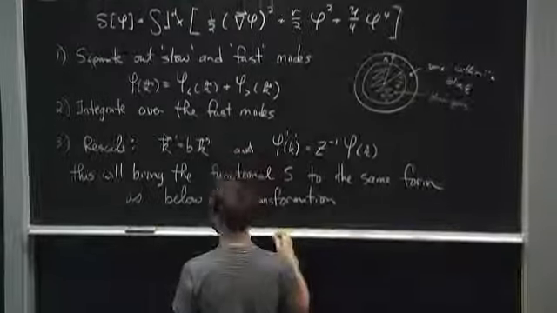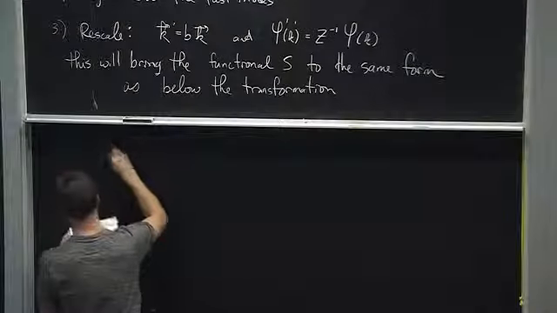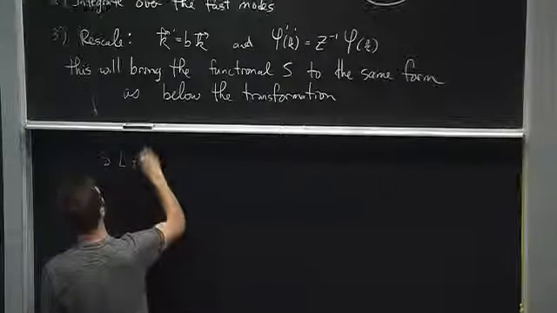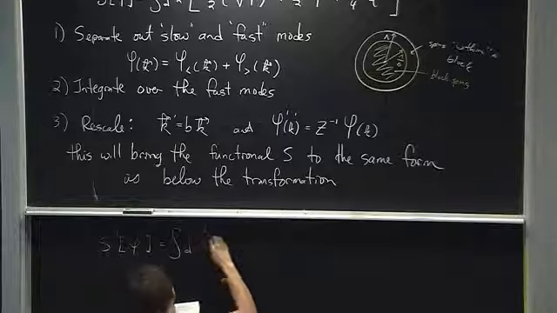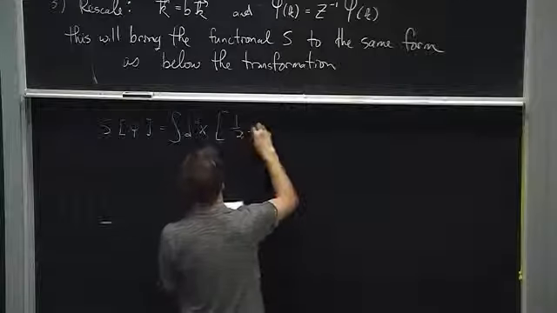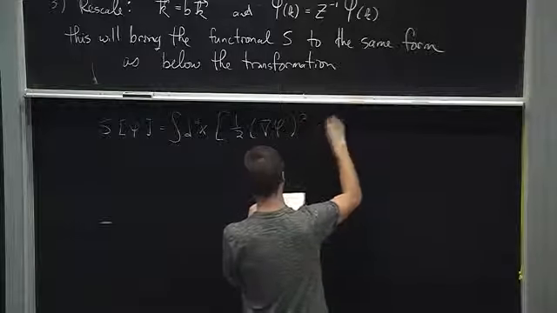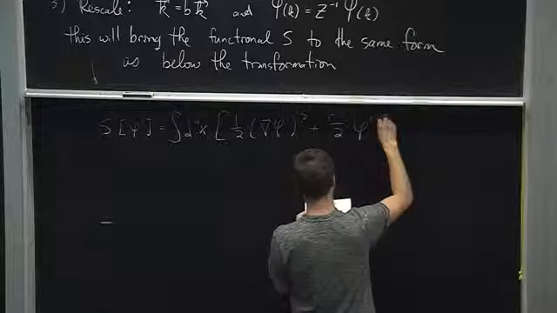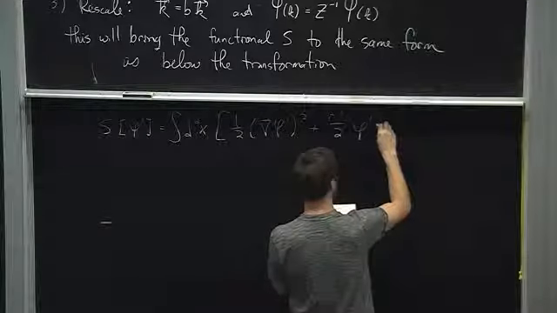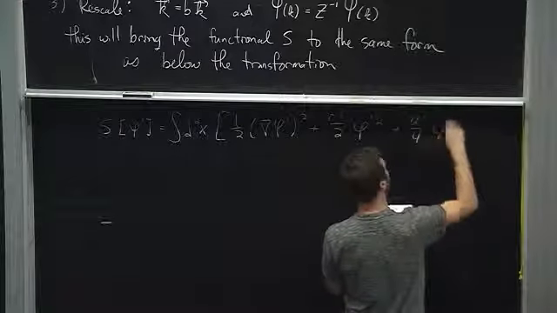So our goal is an action or a functional that looks like phi prime squared, that's r prime over 2, plus u prime over 4 phi prime to the fourth.